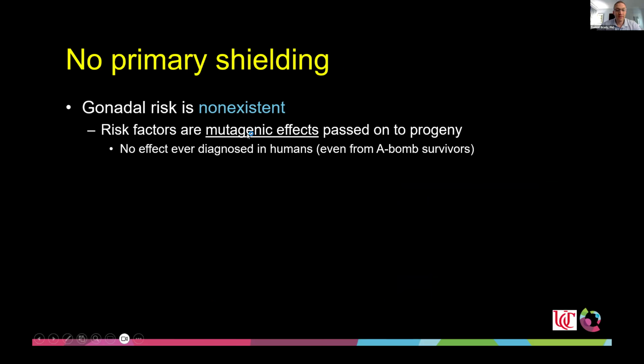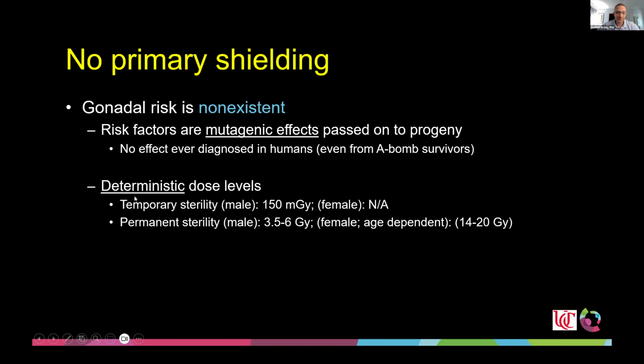And then finally, our understanding of risk, especially around gonads, has changed over time. There are 3 areas of risk we consider when exposing the gonads: mutagenic effects, in other words, passing a mutation on from mother to progeny, and we found that there are no effects when we looked at the A-bomb survivors.